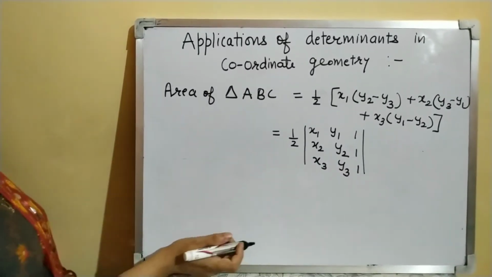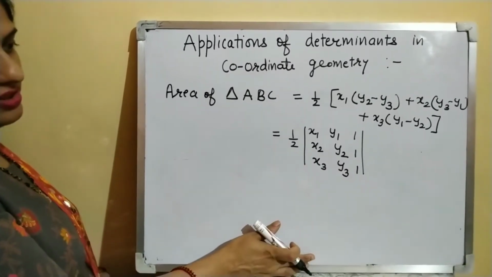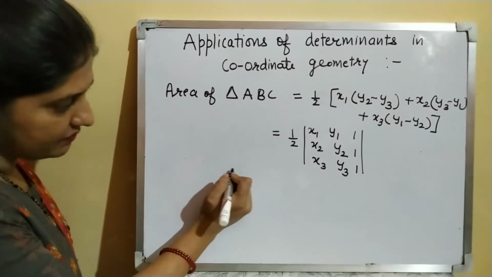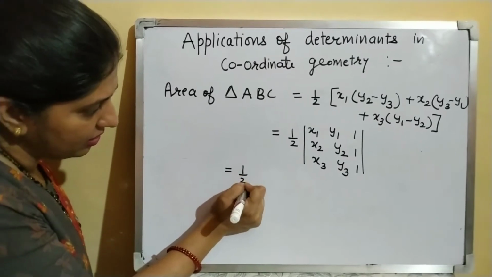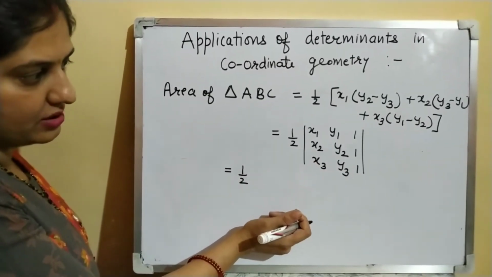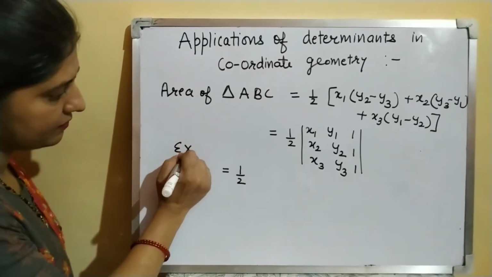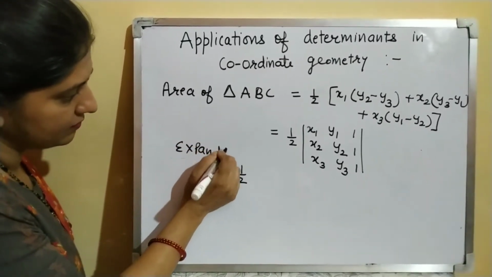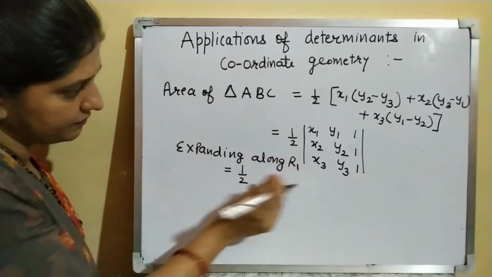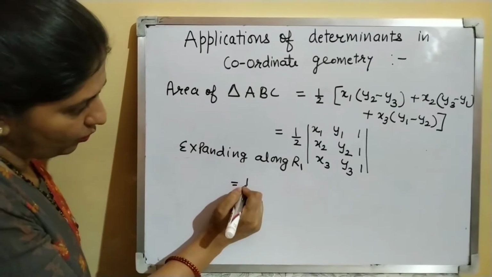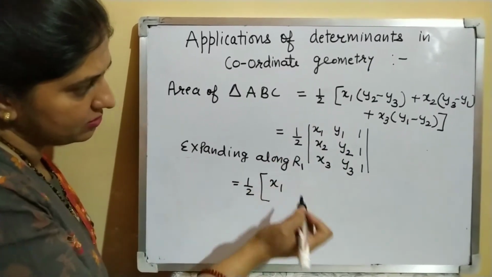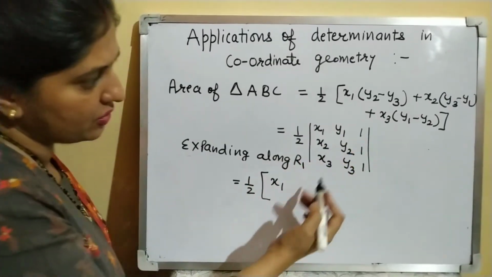Now just calculate the value of the determinant. You see that both the expressions are same. So I am just simplifying it. Half as it is. Expand this along R1. One by 2 as it is. First term is x1. Delete first row, first column.